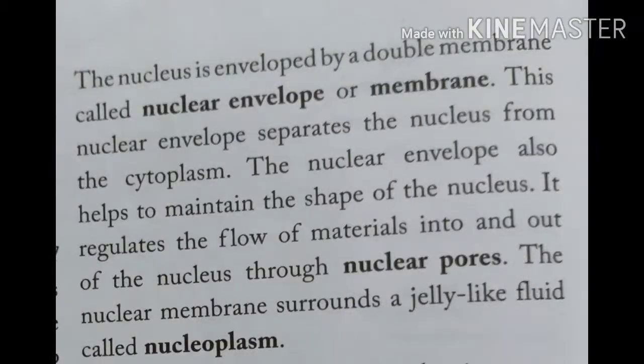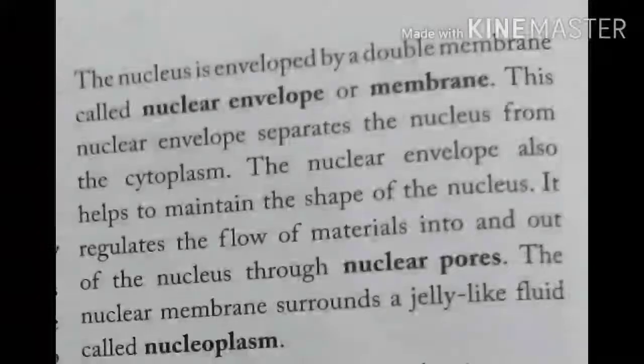Then the nucleus is enveloped by a double membrane that is called a nuclear membrane or nuclear envelope, and this nuclear envelope also helps to maintain the shape of the nucleus. It regulates the flow of materials into and out of the nucleus through nuclear pores.